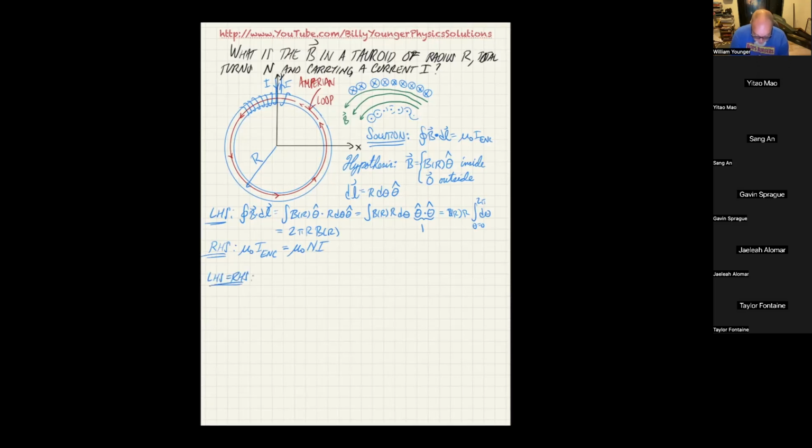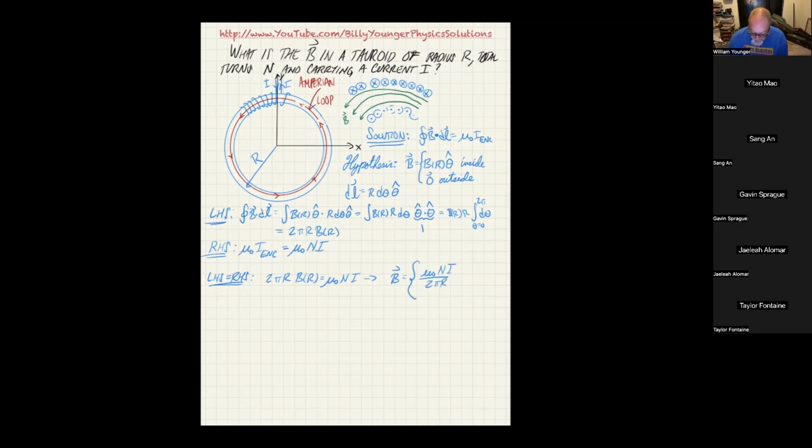So now I have 2 pi r B of r equals mu 0 N times I, which means that B is equal to mu 0 N I over 2 pi r.